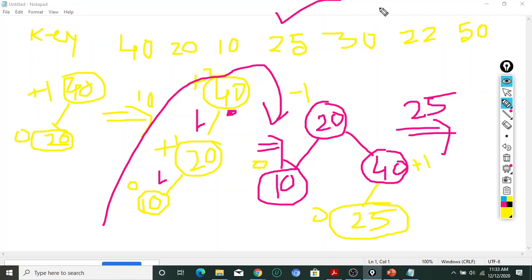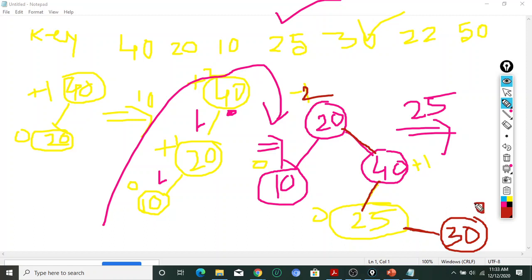Now add 30. If I want to add 30, what will happen? 30 will be placed in the right child of 25. Yes or no? Now update the balance. This is minus 2, because this is the longest path, 1, 2, 3, so 1 minus 3 is minus 2.